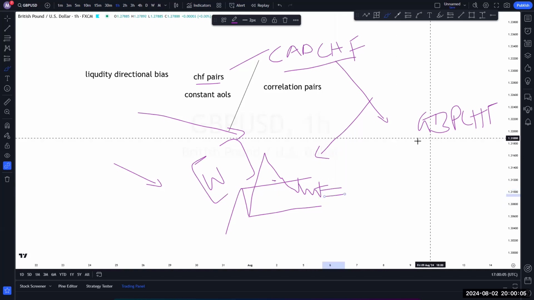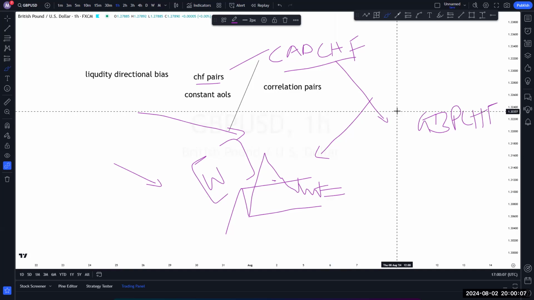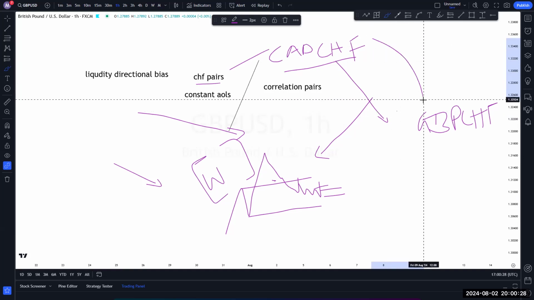Okay, so we have to go to all the CHF pairs and be looking at the same thing. You have to look at the available areas of liquidity on all CHF pairs. Now, all the available areas of liquidity on CHF pairs should be in timing, and all of these pairs should reach them at the same time.